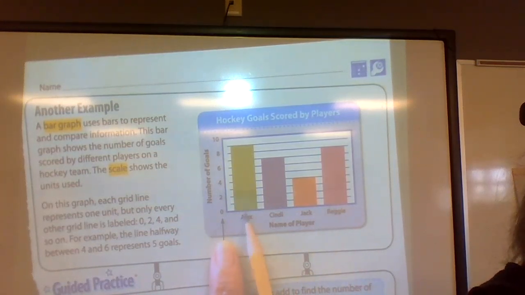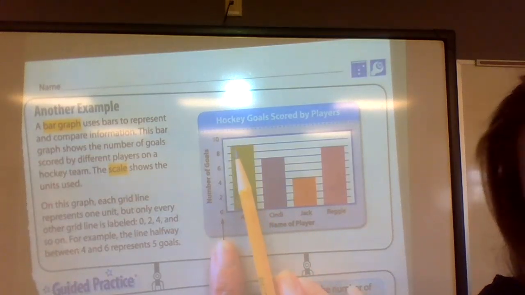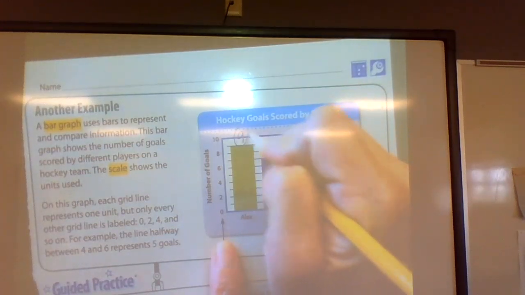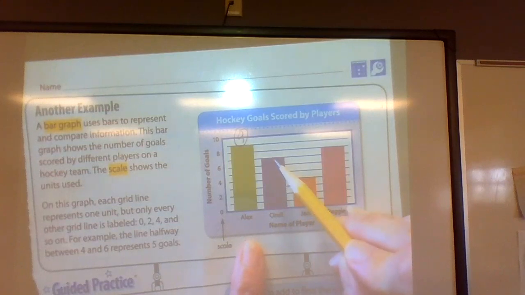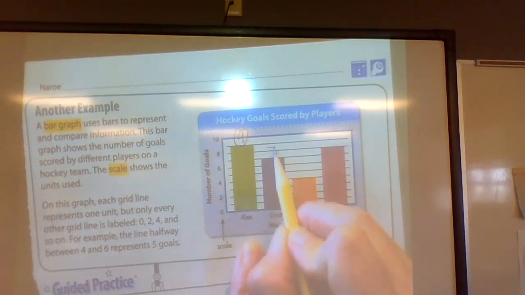So Alex scored not 8, not 10, but the line in between 8 and 10, which would be 9. And so I'm going to label that 9. Okay. On Cindy, we're going here and it's the line between 6 and 8. It's right in between. And so that number is 7.